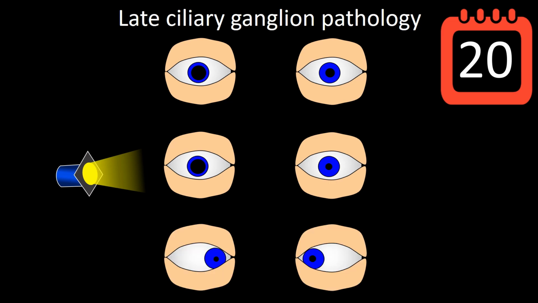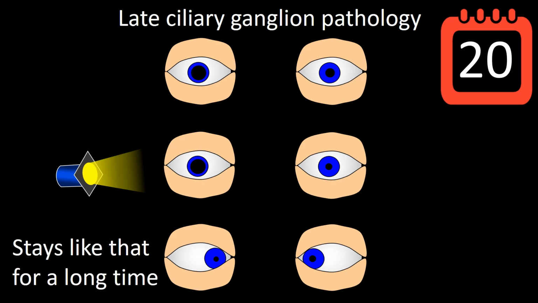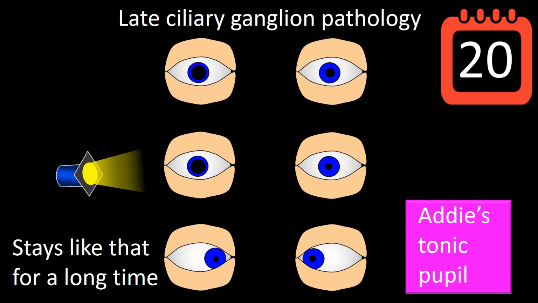But when converging, the previously large pupil becomes smaller than the normal pupil and stays so for longer. It is from this persistence that the term tonic pupil arises.